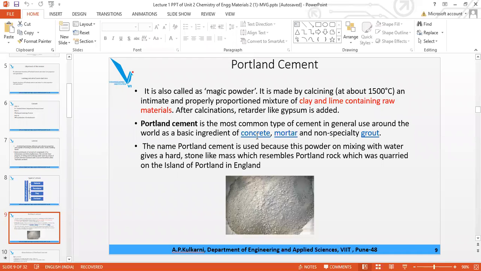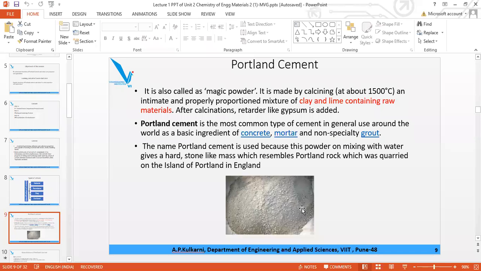What are the uses here? Portland cement is used in cement concrete, in mortar, and in grout. Does anyone know what grout is?